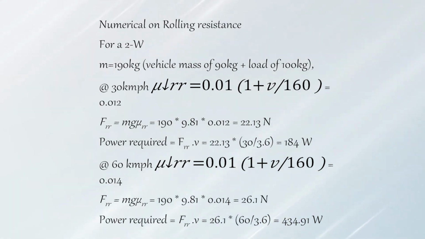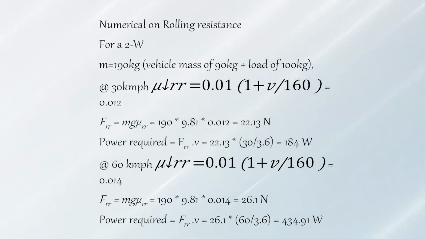Suppose a vehicle is moving at 30 km per hour. Similar to the case we studied earlier in aerodynamic drag, we do the same type of calculations in rolling resistance. For a two wheeler moving at 30 km per hour, the mu r r can be evaluated using the same expression we have studied, 0.01 into (1 plus V by 160).